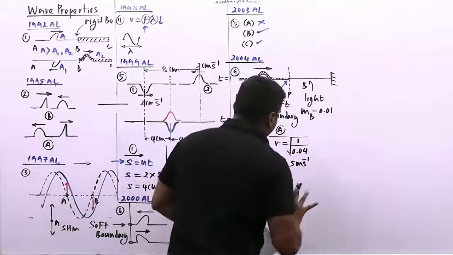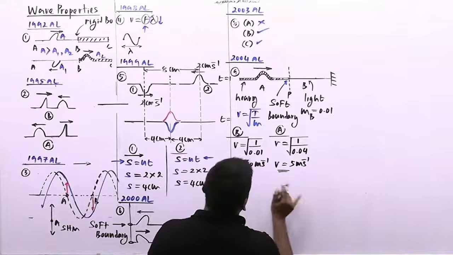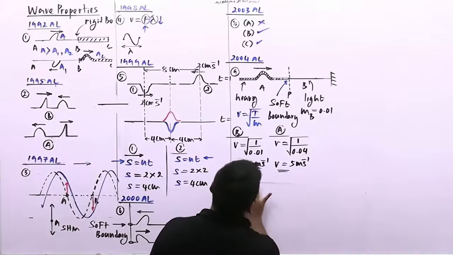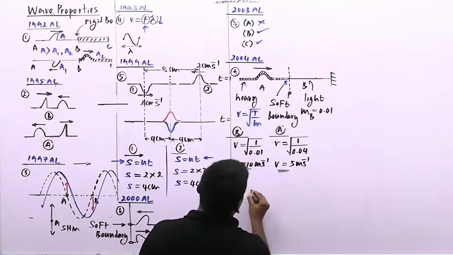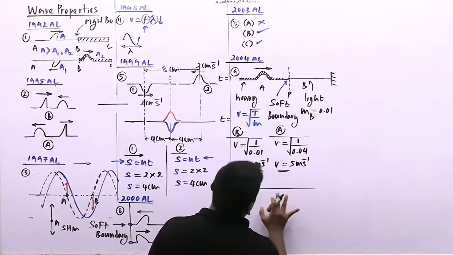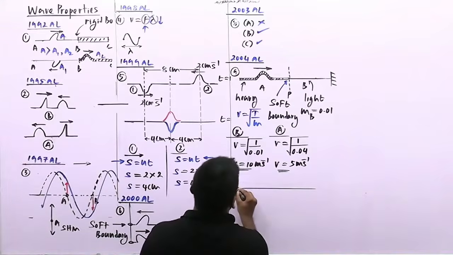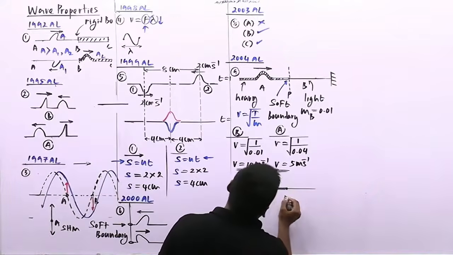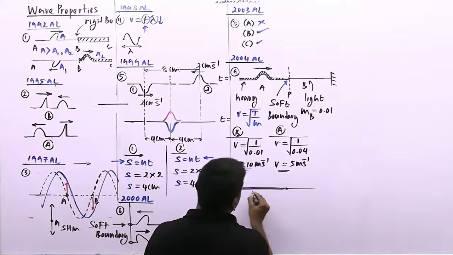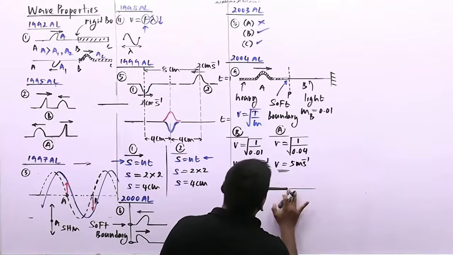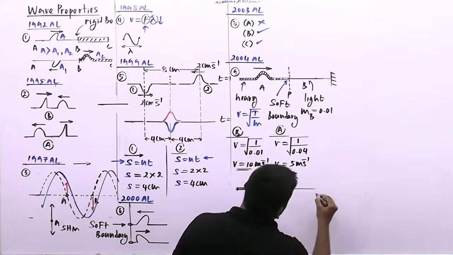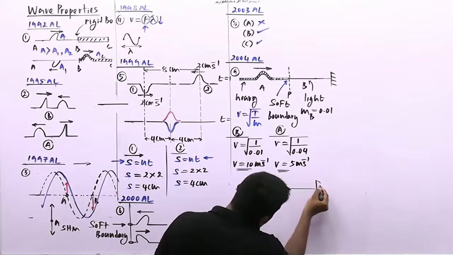So if I draw the reflected wave pulses after reflecting from the soft boundary, it would be like this. Look here. This is point capital P. This is the vertical wall.